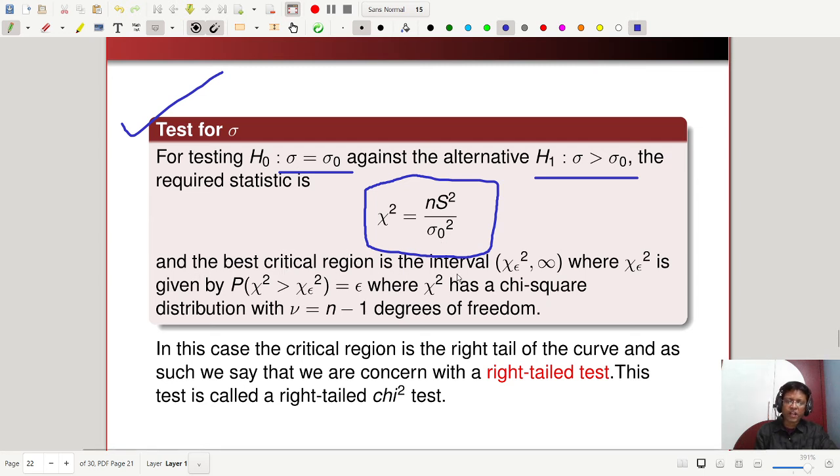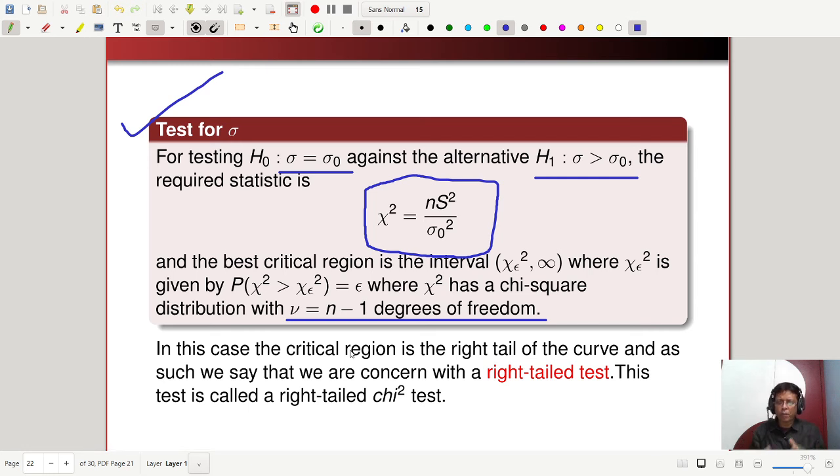And the best critical region is the interval chi square epsilon comma infinity. So the concept is the same, where chi square epsilon is given by probability of chi square greater than chi square epsilon equal to epsilon, where chi square has a chi square distribution with nu equal to n minus 1 degrees of freedom.